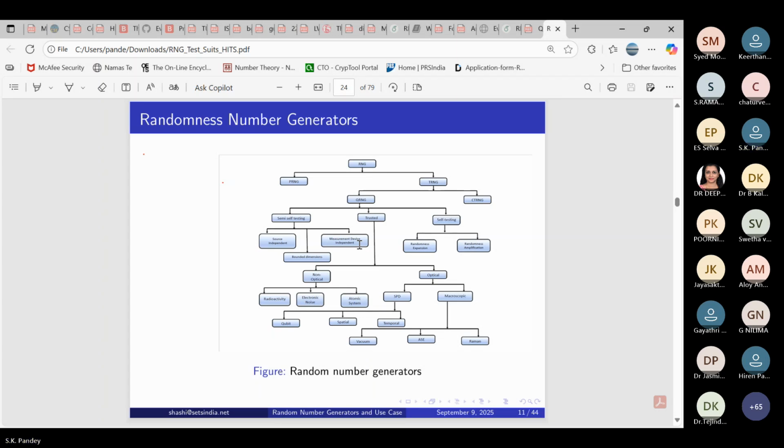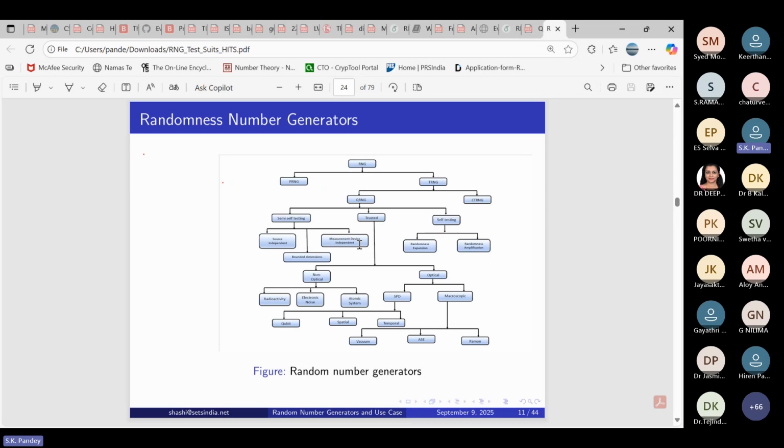It can be categorized in these two categories: pseudo random number generators and true random number generators. Their definition is actually based on what logic you are using to generate those random numbers. For pseudo random number generators, it is fine.